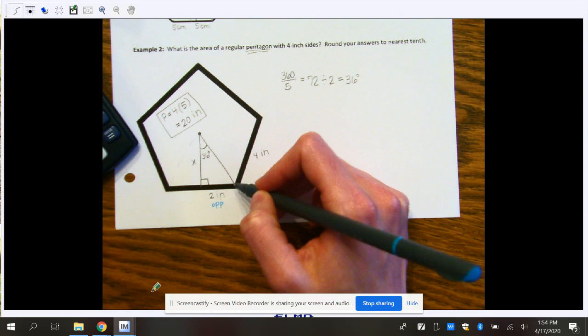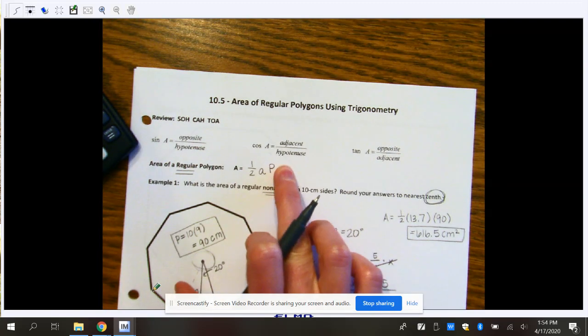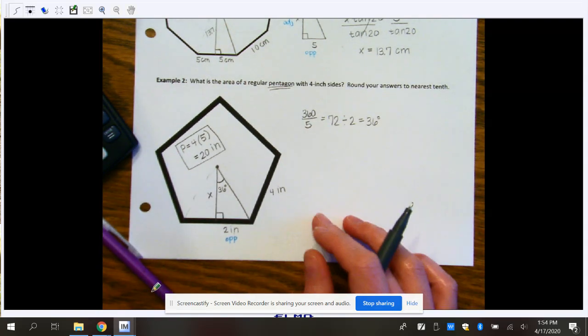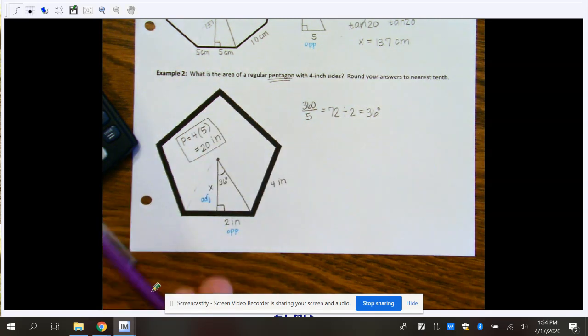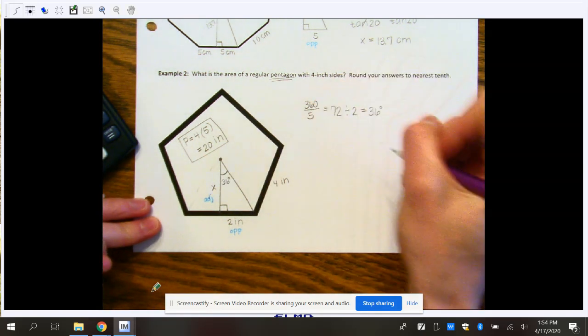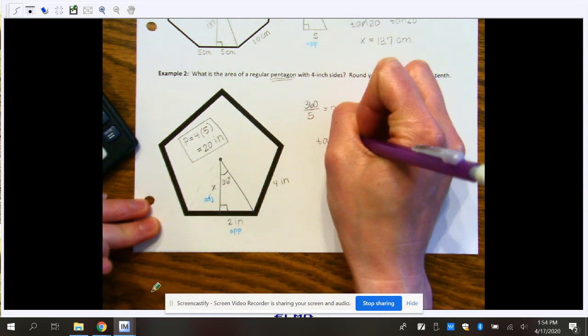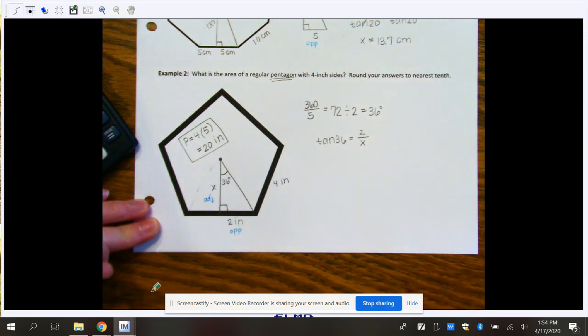But since this is the hypotenuse, and that is in both sine and cosine, if you are given this, you're not going to be using either of those ratios. All right, and so my equation then would be tangent of 36, opposite over adjacent.